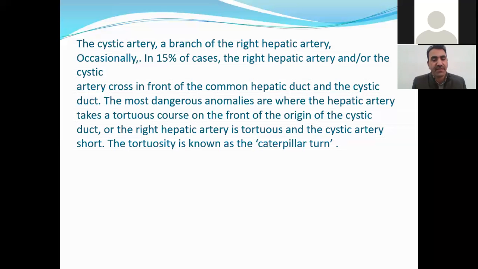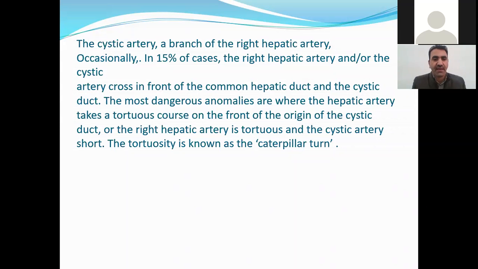The most dangerous anomalies are where the hepatic artery takes a tortuous course in front of the origin of the cystic duct, or the right hepatic artery is tortuous and the cystic artery short.